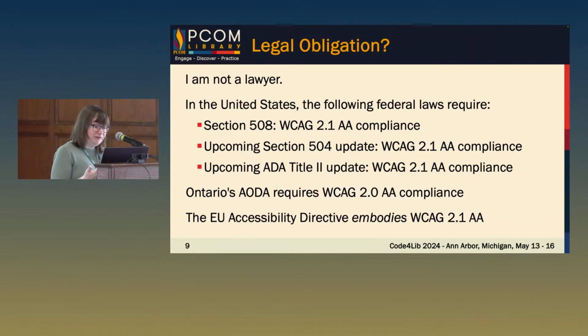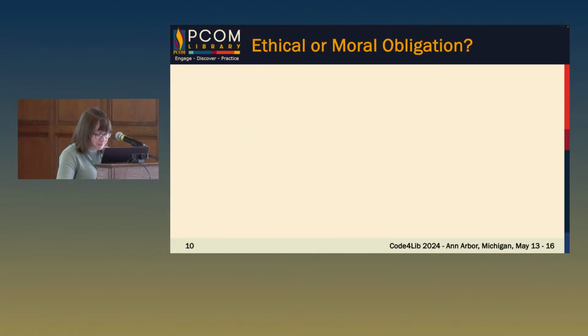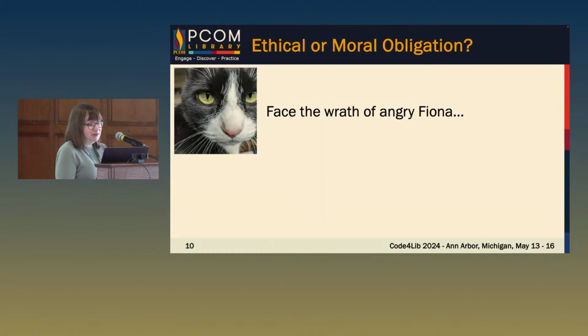And if you're in Ontario, their law really just specifies WCAG 2.0 AA. And if you're in the European Union, they have a directive that embodies WCAG 2.1 AA, but it's even more complicated and it's European. And so, I'm going to be American-centric like the world expects us to. So let's talk about this, though.